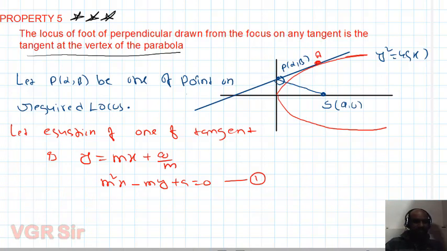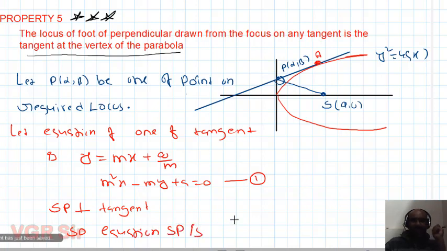So the interesting thing is SP is perpendicular to the tangent. So for the equation of SP, for example, AX plus BY plus C equal to 0 is a straight line.